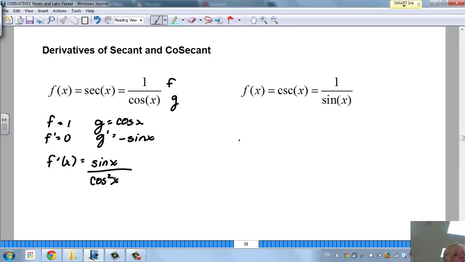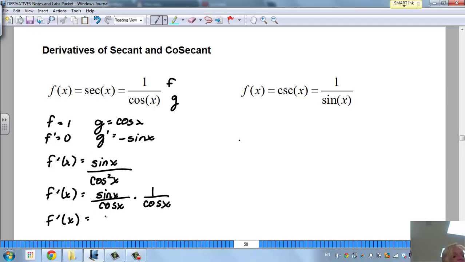Alright, now we're going to do a math trick. We're going to actually split up this fraction. Now, how you would do that is this. I have a cosine times a cosine, so I can really write it like this: sine of x over the cosine of x times 1 over the cosine of x. Do you see what I just did? Because there's your cosine squared. Then we can have some nice trig functions here.